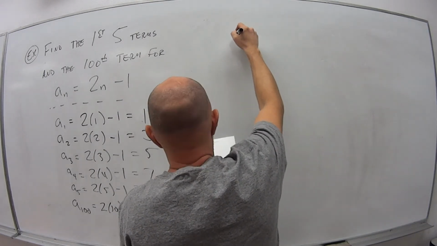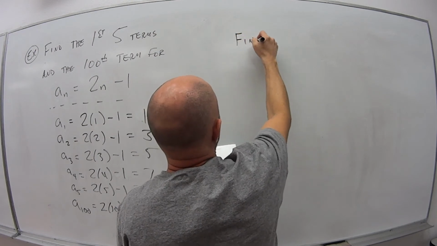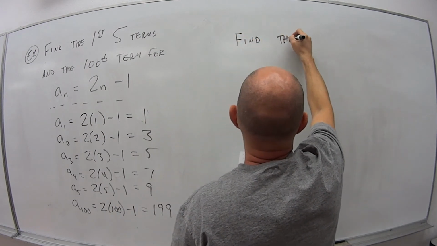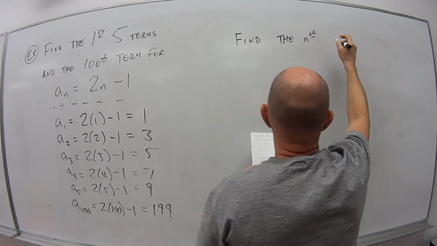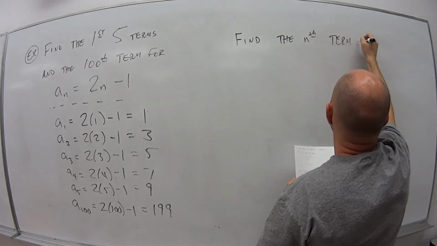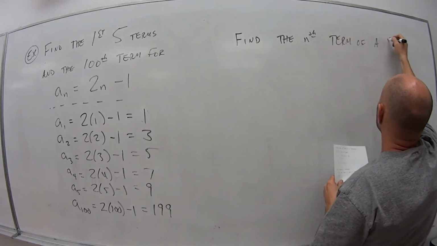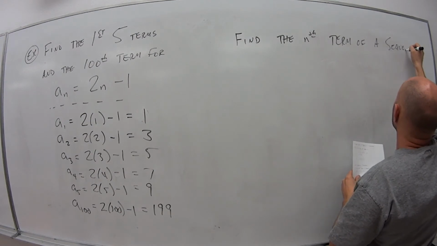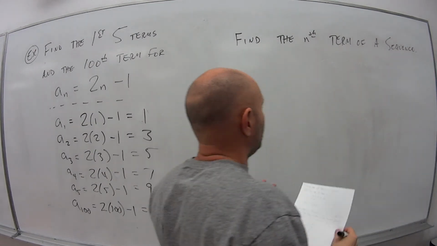So let's look at an example. Let's assume instead now we want to find the nth term of a sequence. So it's basically going in reverse.